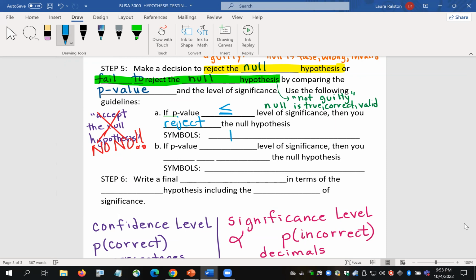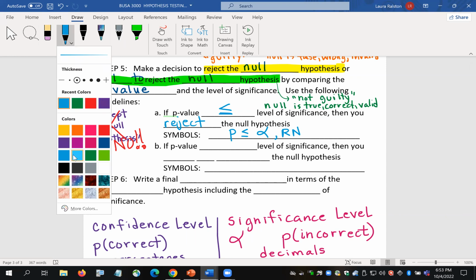In symbols, we write p is less than or equal to alpha. We reject the null. If your p-value is less than or equal to the level of significance, you reject the null every time, all the time.